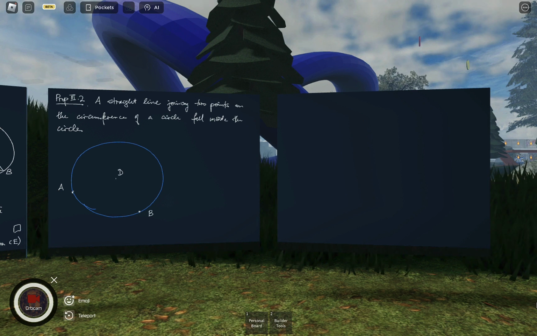This is by proposition 3.1, finding this D, center of the circle.